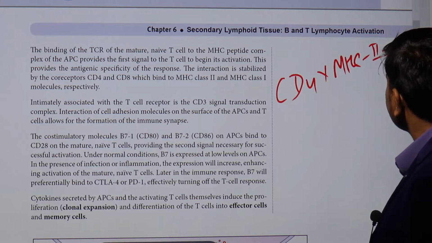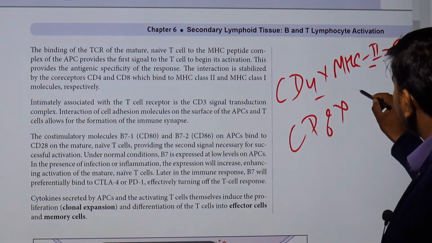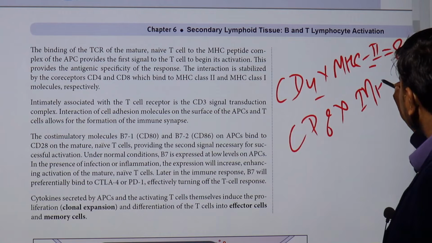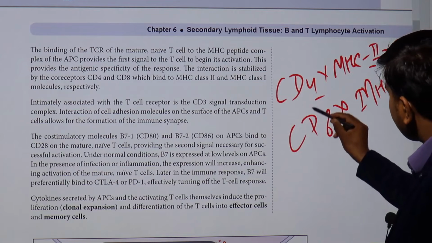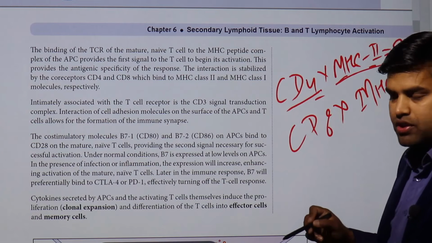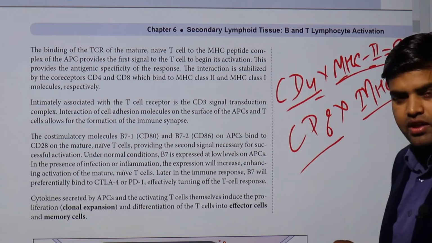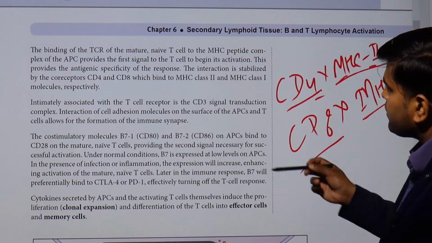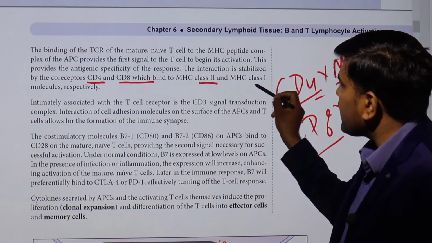So rule of 8 is equal to 2 times 4 is 8, and CD8 into 1, that is MHC class 1, is equal to 8. So we know this rule of 8. If it is brought by the MHC class 2, then that will present to the CD4 cell. If it is processed and presented by the MHC class 1, then it will be recognized by the CD8 cell. This is the rule of 8. So CD4 MHC class 2, CD8 MHC class 1.